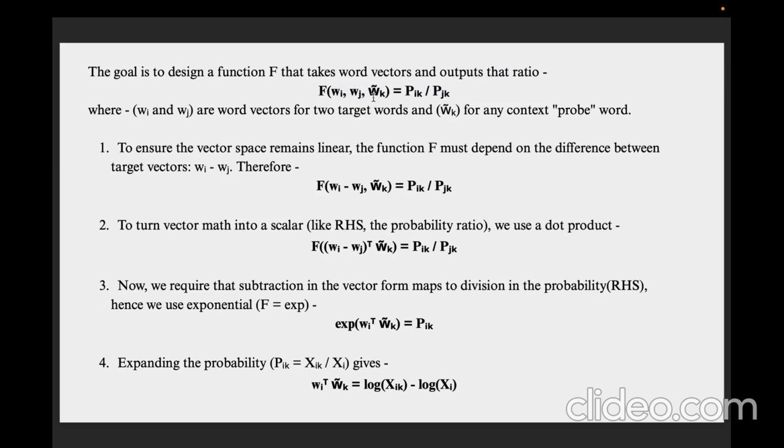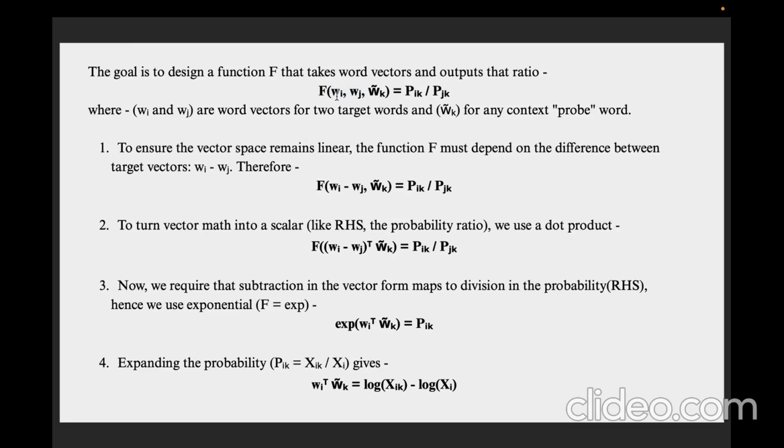Now, this curved line represents that the word we are talking about right now is the context word. Hence, this K is the context word. While we see that Wi and Wj do not have any curved lines above them, which shows that they are target words and not context words. Now we know that the vector space is linear.